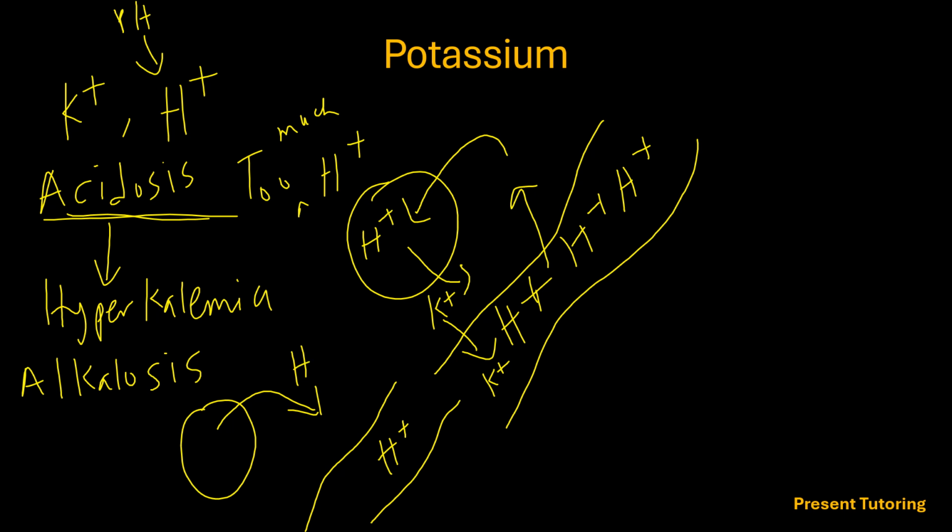So H plus will need to travel outside and then go into the blood to help restore H plus levels in the blood. But then that usually means that K plus will have to travel in the opposite direction. K plus will then have to travel into the cell. And so if you have alkaline conditions in the blood, that can eventually lead to hypokalemia.